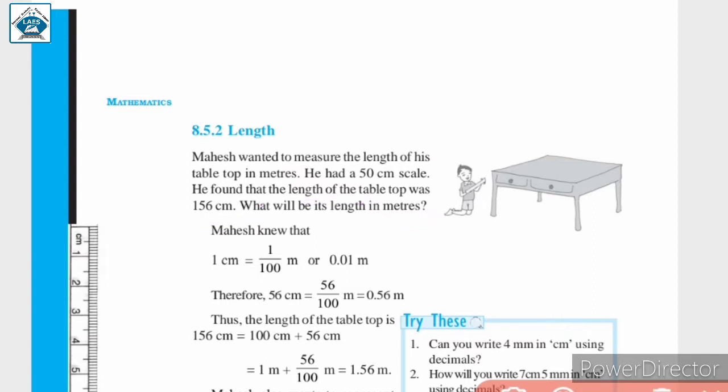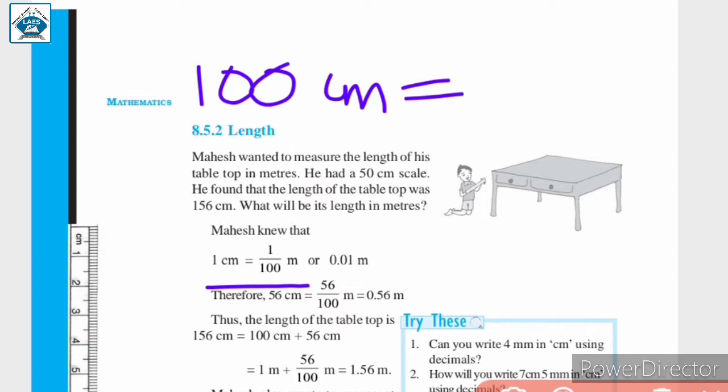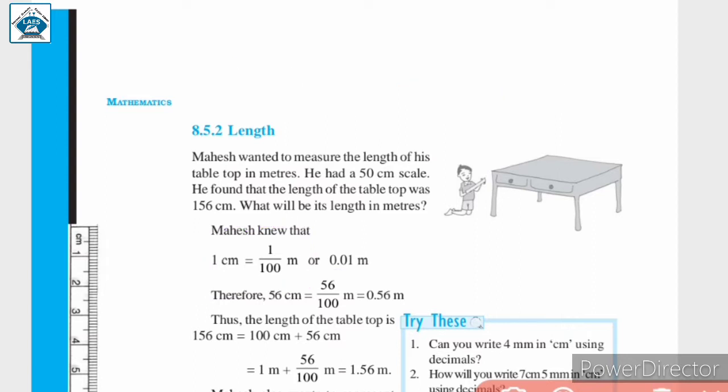Okay, and we know that 1 centimeter is equal to 1 upon 100 meter, because 100 centimeter is equal to 1 meter. Therefore 1 centimeter will be equal to 1 upon 100 meter. So 1 upon 100 is nothing but 0.01. So 1 centimeter is equal to 0.01 meter. Now that we know the conversions, we need to convert 156 centimeter to meters.